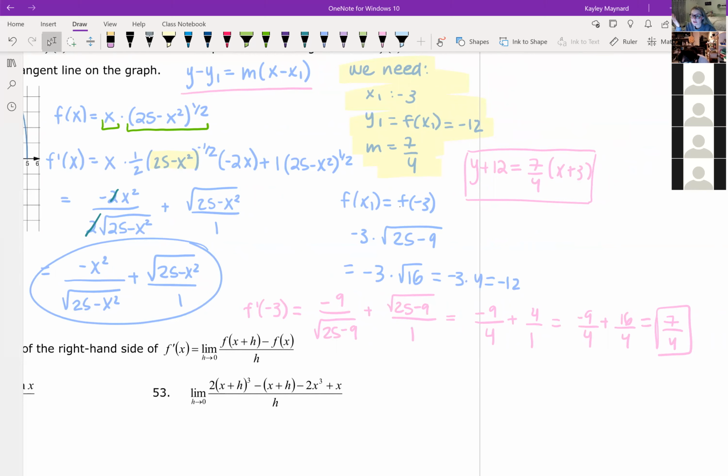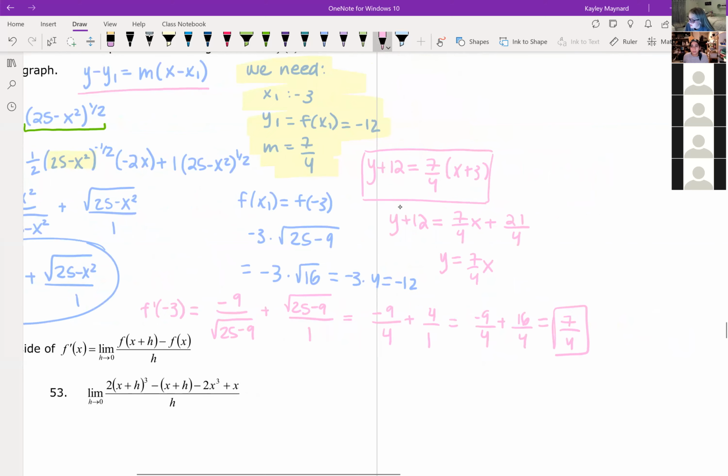So why don't we do that just to show you guys that you should get the same thing. This is equal to y plus 12 equals 7/4 x plus 21 over 4. Let's subtract the 12 over. We get y equals 7/4 x plus 21 over 4 minus 12.